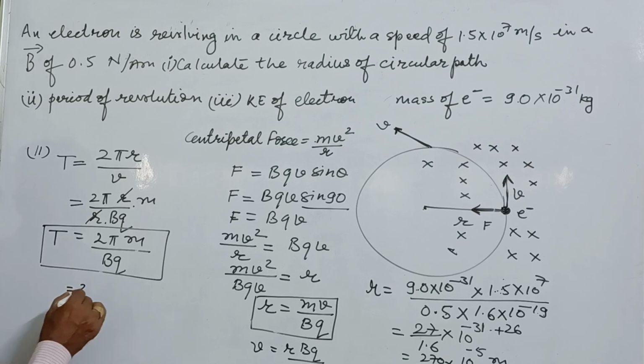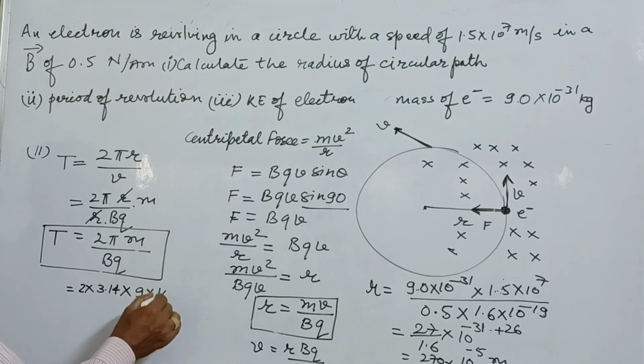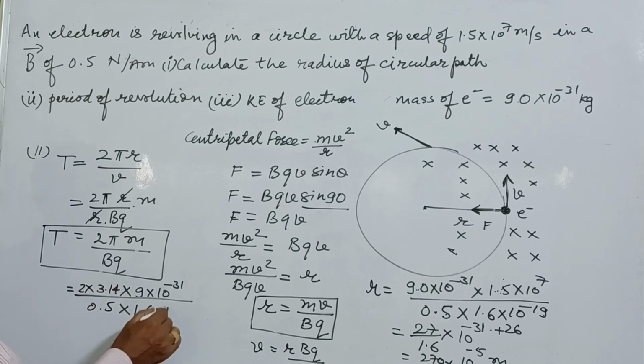So we can substitute here 2 into 3.14. Mass is your 9 into 10 raised to the power minus 31 kg divided by the magnetic field, that is 0.5 into Q, that is 1.6 into 10 raised to the power minus 19 coulomb.